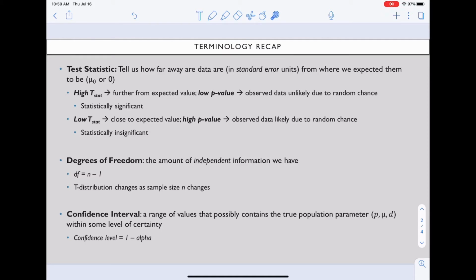Okay, and then the t-distribution. The reason why we work with the t-distribution is because we don't know what the population standard deviation looks like. We don't know what the population looks like, which is very common, right? Super common. So we estimate the population standard deviation with s, our sample standard deviation.